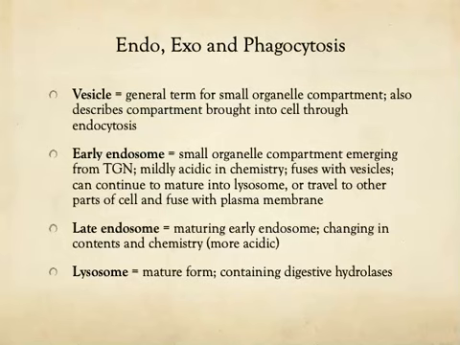We're describing a small organelle, so a membrane-bound compartment that is capable of carrying things around in a cell and merging with other membrane to move those materials into certain other organelles or even into or outside of a cell.